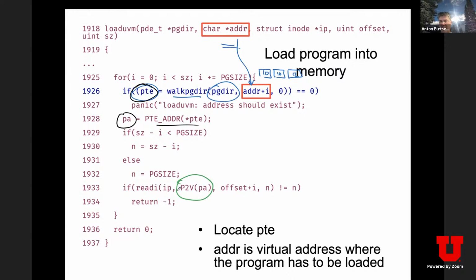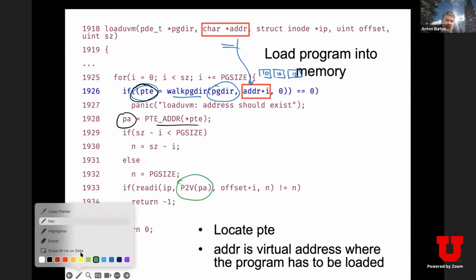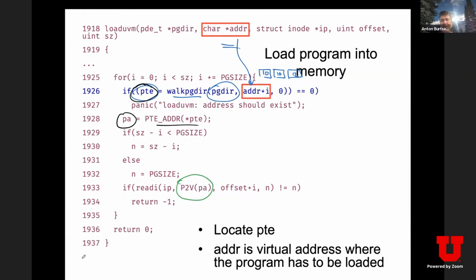Now we all understand because I just had this drawing, right? So it's a green virtual address, and I will pass it into this readi function, right? And that will essentially load from disk into this green address, right? Now it's kind of completely simple, right? So the color scheme helps us go from blue to green, right? And black is an intermediate step.